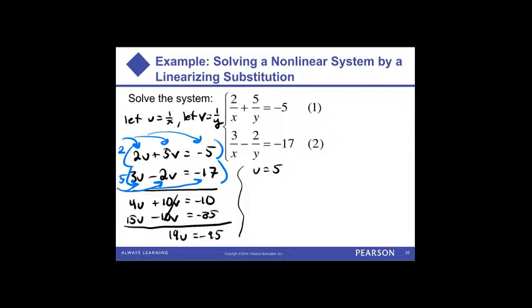So we're going to have 2 times 5 plus 5v should equal negative 5. That means that 5v is going to equal, if we subtract 10, negative 15. Am I missing something? Yeah, there it is. I think instead of 5, it's supposed to be negative 5, right? Right here. That's supposed to be negative 5.